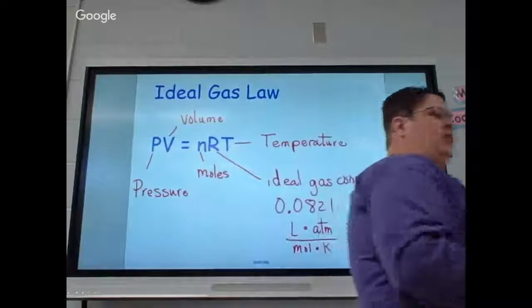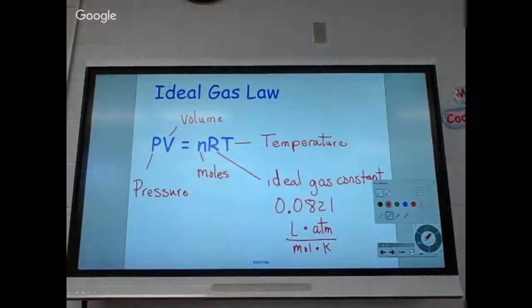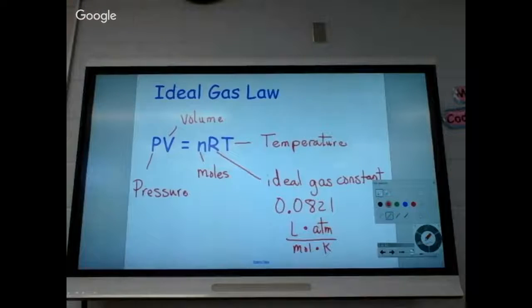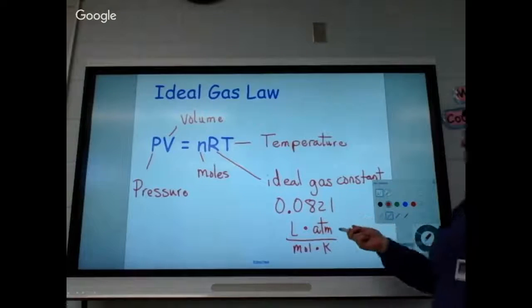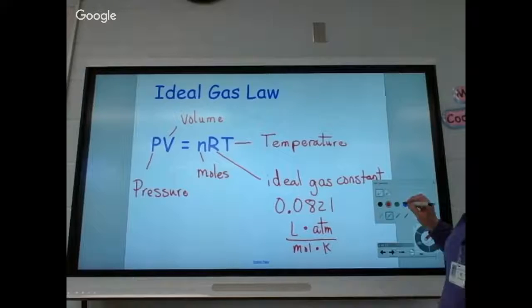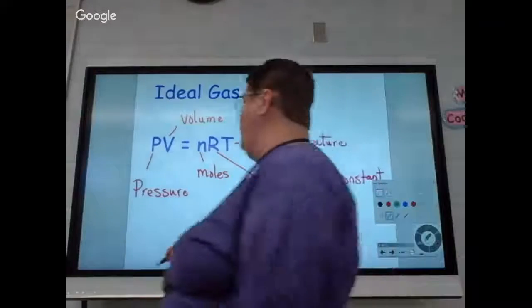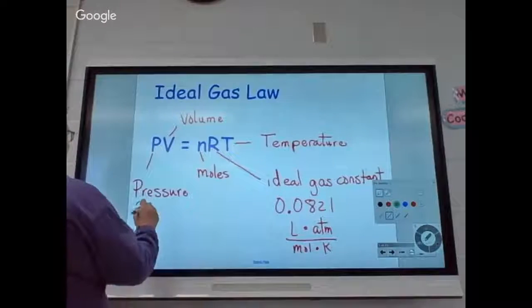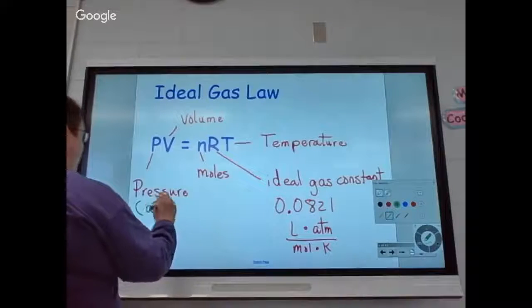Now, the catch to using that one is those are the units that your formula has to be in to use that ideal gas constant. So every time you use that gas constant, your pressure has to be in this unit. What unit is your pressure in? Atmospheres. So that means every time we use this formula, pressure has to be in atmospheres.